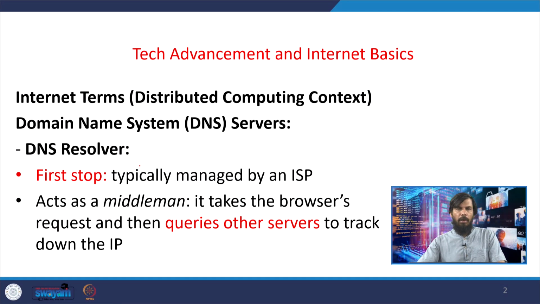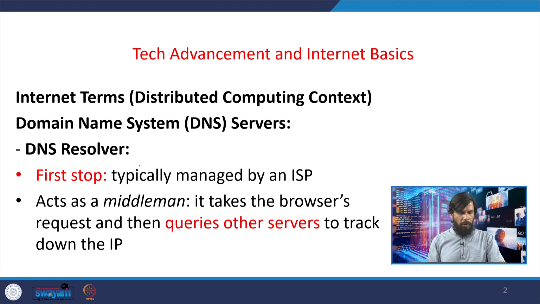So, we were talking about the domain name system and why it is needed, because humans can memorize domain names, but the machines need the numerical format for IP addresses, and DNS, the domain name system, plays that role, and in particular the DNS resolver.